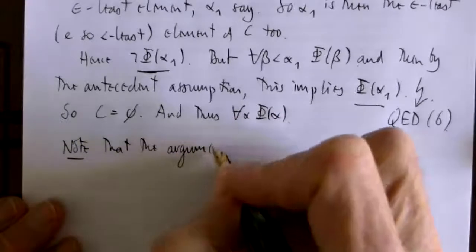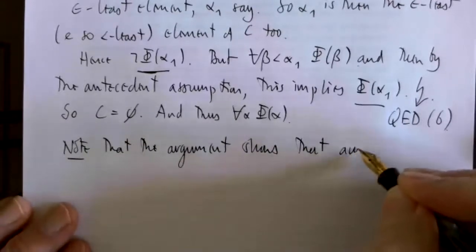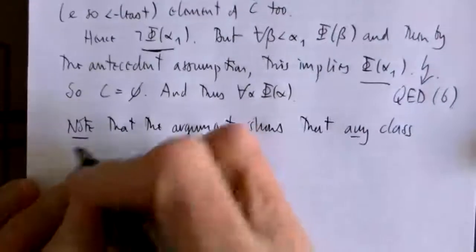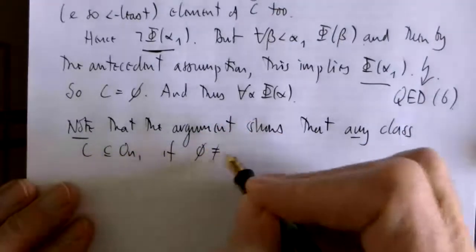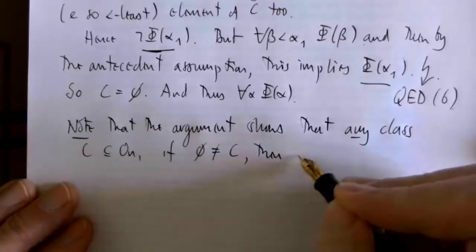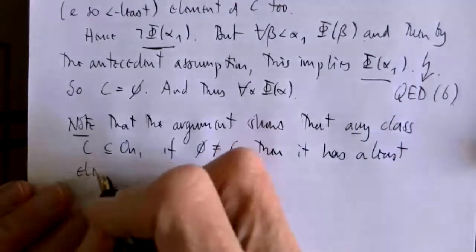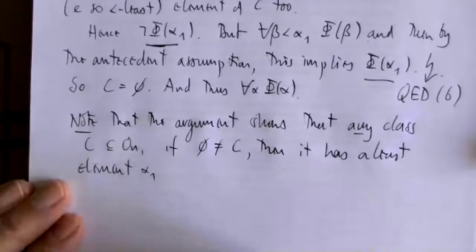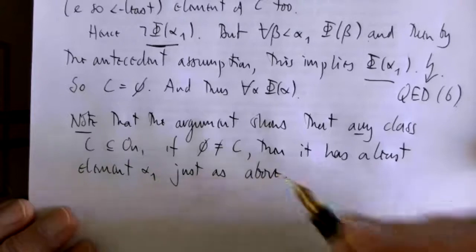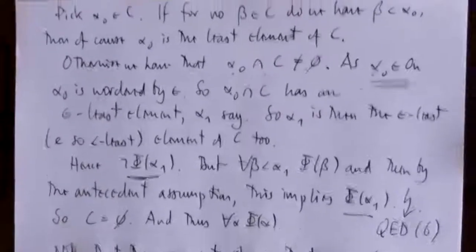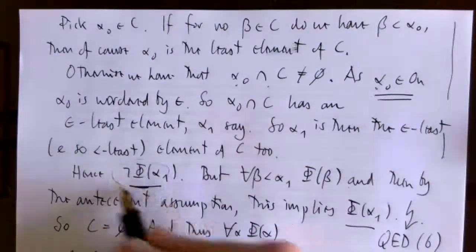So the argument shows that any class C contained in ON, if it's not empty, then it has a least element, alpha 1, just as above. Up here, we didn't use any special properties of the fact that C was the collection of these things.